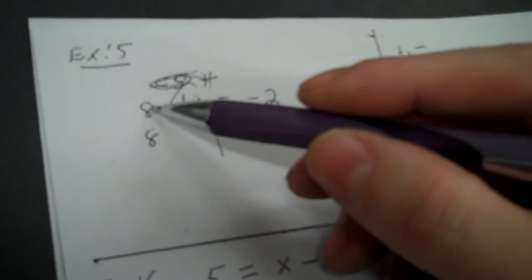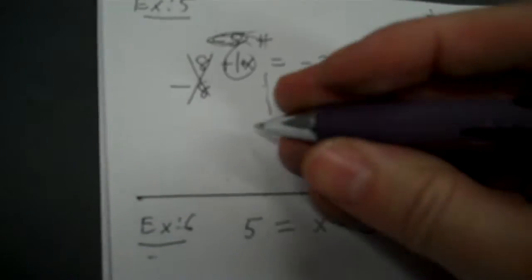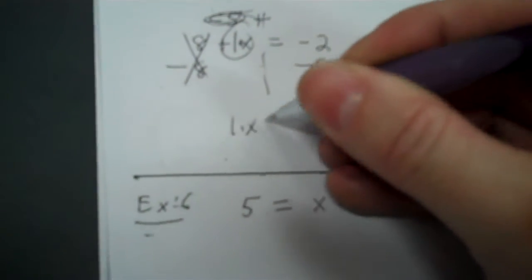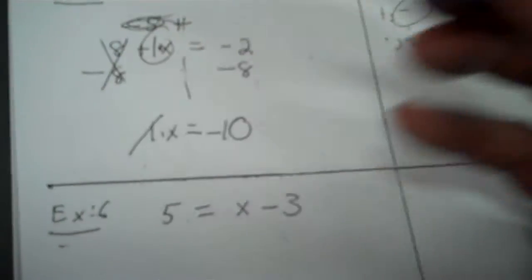So if I see that number is positive, I'm going to minus, because 8 minus 8 is 0. And then I minus 8 from negative 2. So we have 1 dot x, negative 2 minus 8 is negative 10. Your multiplier is a 1, you can get that out of there. Negative 10.